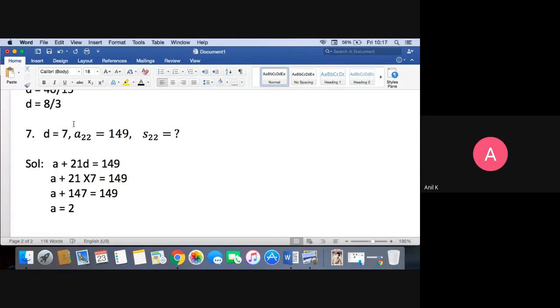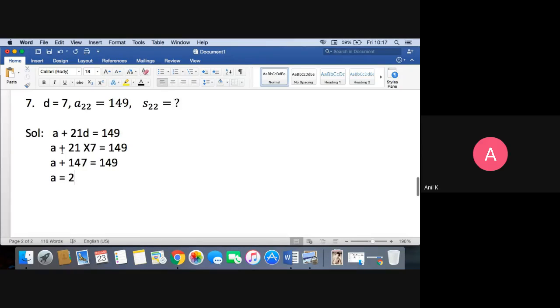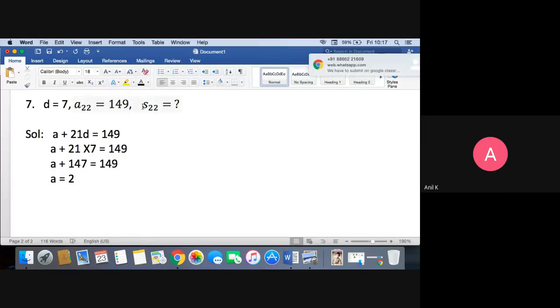Now I know the A value, I know the D value. You have to find S22. Can you find S22? Let me write the formula. S22 is equal to n by 2, that is 22 by 2, which is 11.